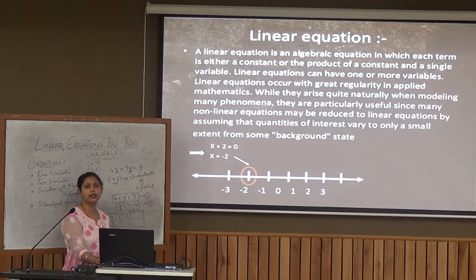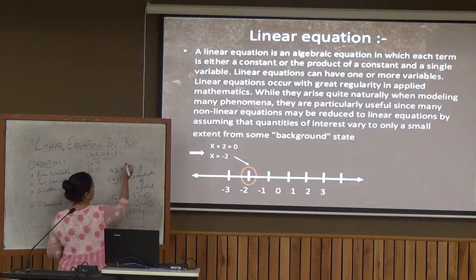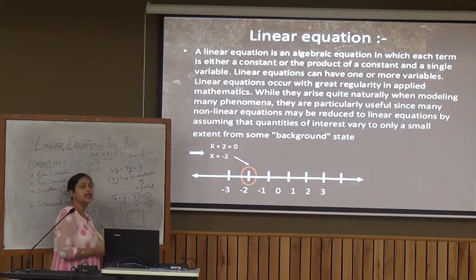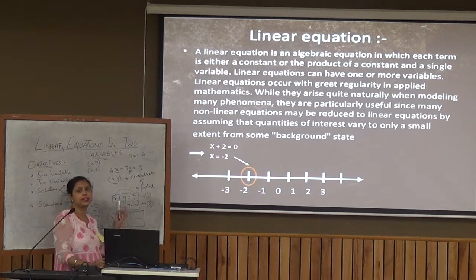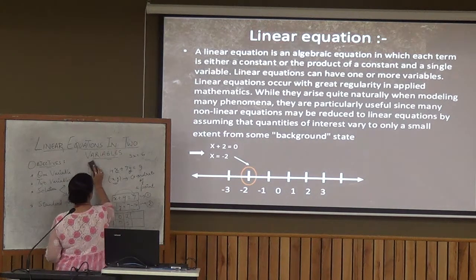Coming to the equations with a single variable, as I suggested in the beginning, 3x equals 6 is a linear equation in a single variable. How to get this equation's solution, let us now discuss.